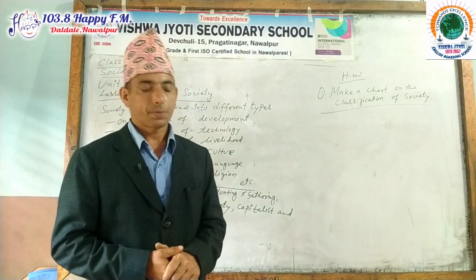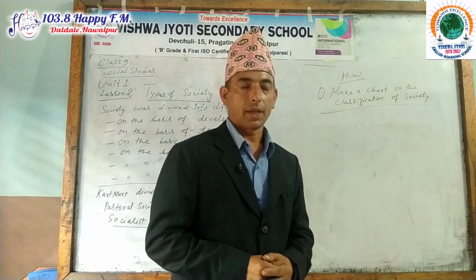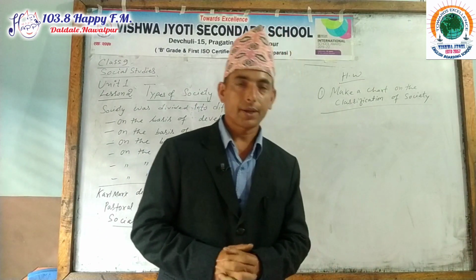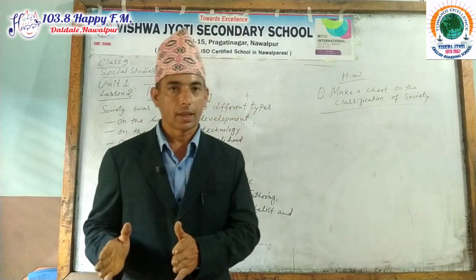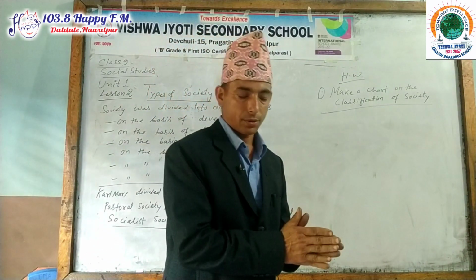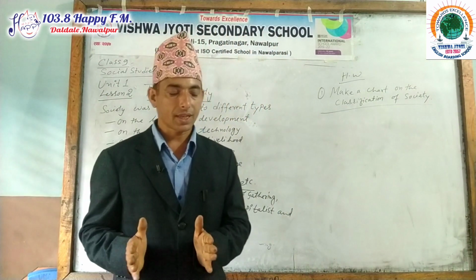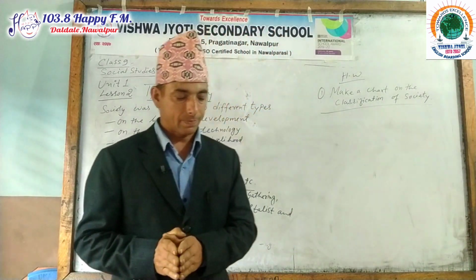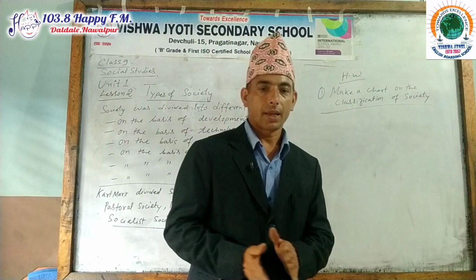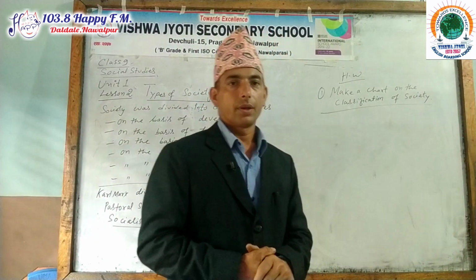So there are different types of society based on the promotion and its characteristics. In an agrarian society, the people depend on agriculture for livelihood. A barbarian society means the people were uncivilized, brutal and uncultured.